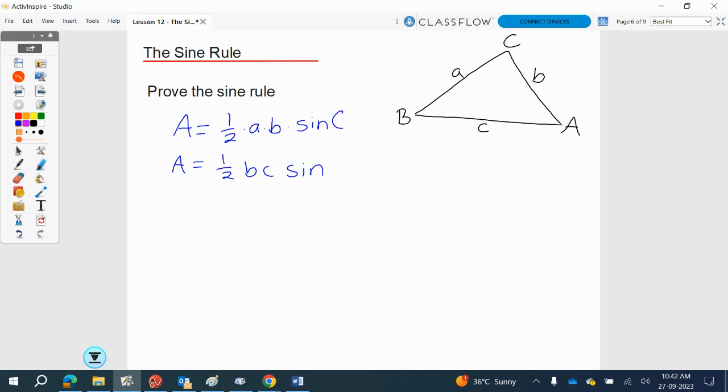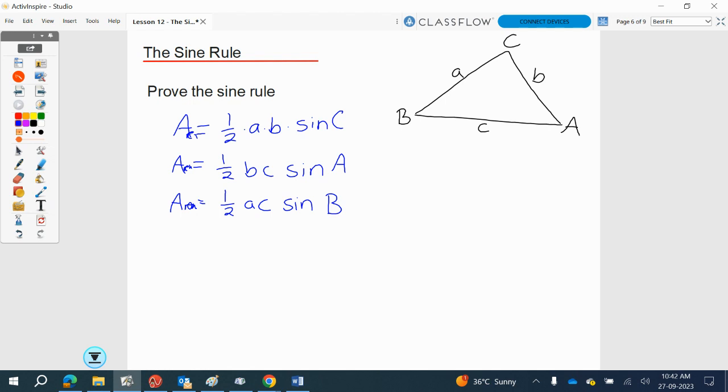A. So I'll call this area. A half, which ones haven't we used? AC sine. What is the included angle for sides A and C? B.